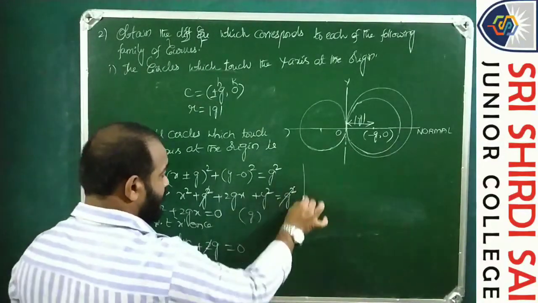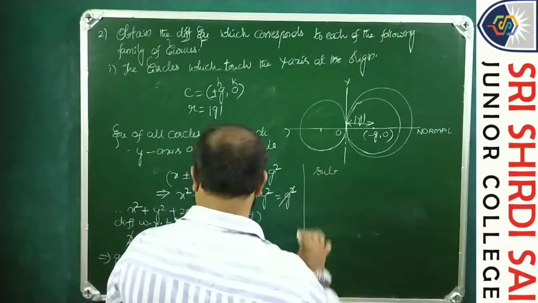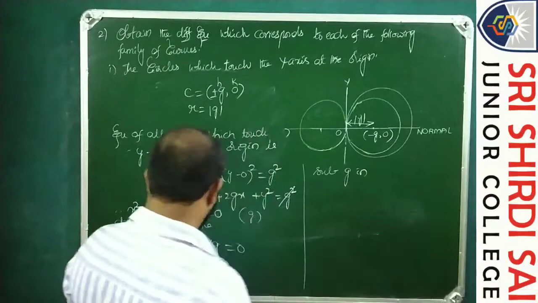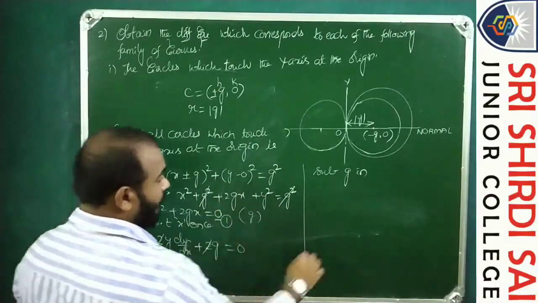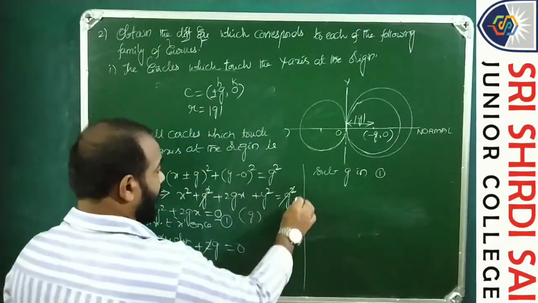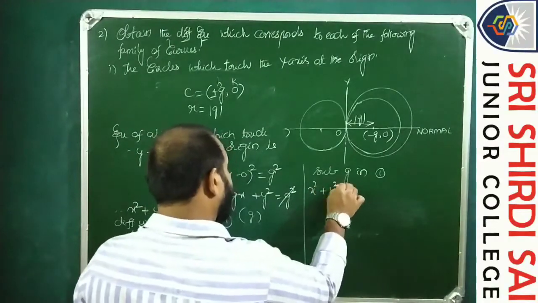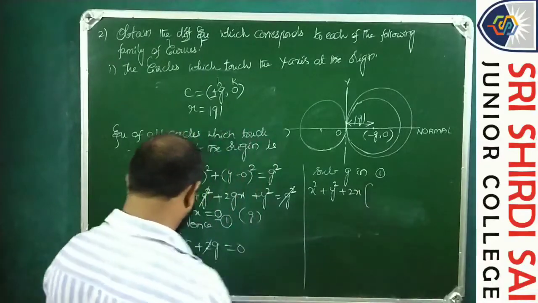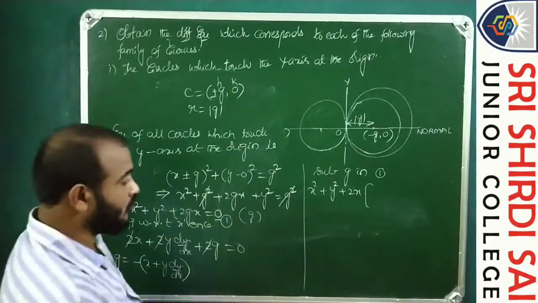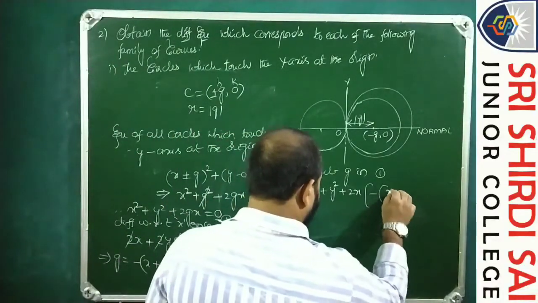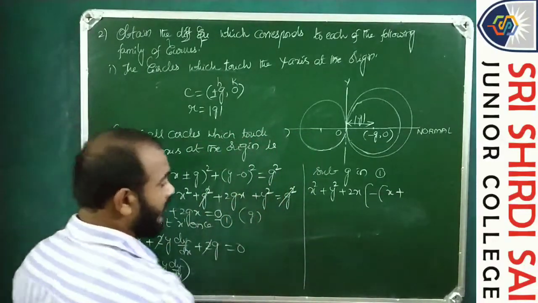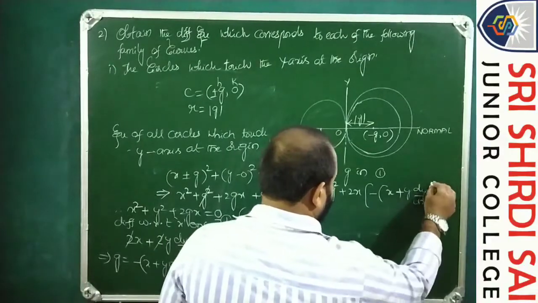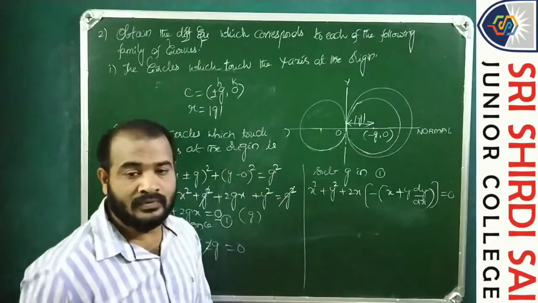Now substituting g in equation 1, we get x square plus y square plus 2x into minus (x plus y dy by dx) equals 0.